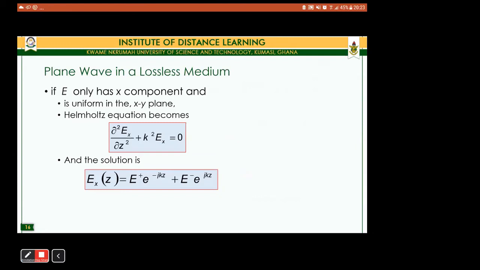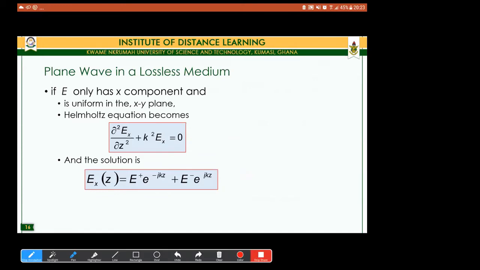Now we can write this in terms of the sinusoidal function. Remember I said, so here e to the jkz will be what? Cos omega t minus kz, and then for the positive one also we have cos omega t plus kz.